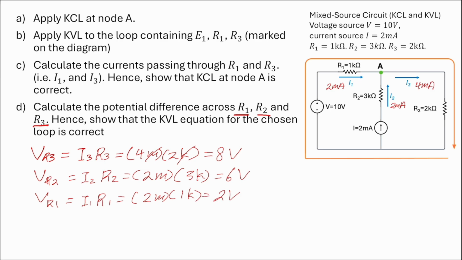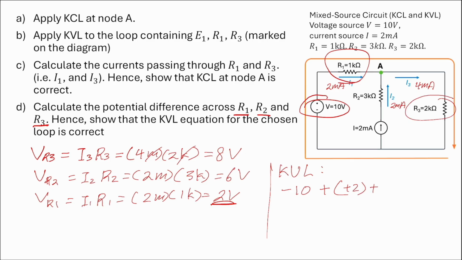So if we go along the loop, the first one here again is KVL. The first one is negative 10 plus the voltage across R1. The voltage across R1 is 2, so it's plus 2 volts, plus the voltage across R3, which is positive 8, equal to 0. So the KVL is correct.